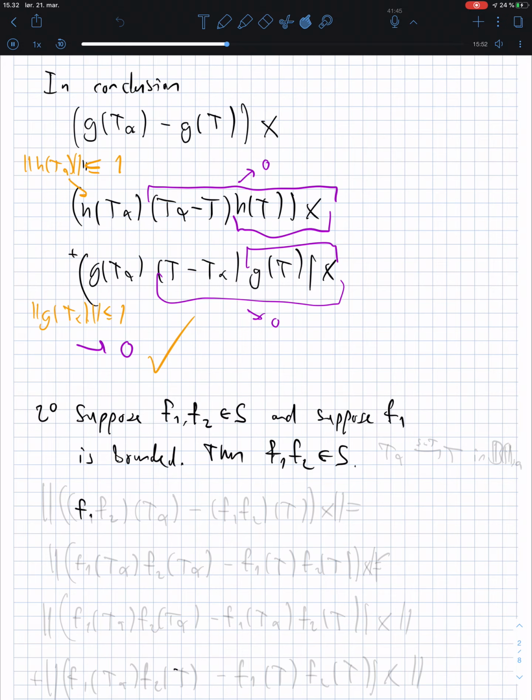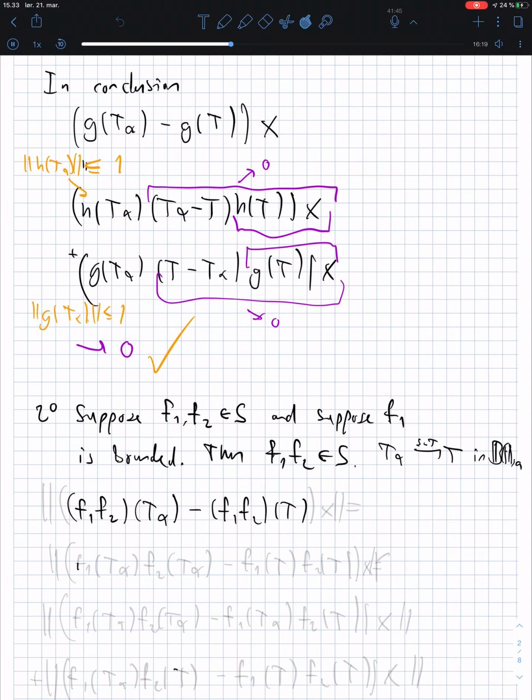So I'm applying the function f1 f2 to t alpha, and I compare that to f1 f2 applied to t, assuming that t alpha goes strongly to t. Just like before, it's in B(H), SA. Right, so let's write out what this means.